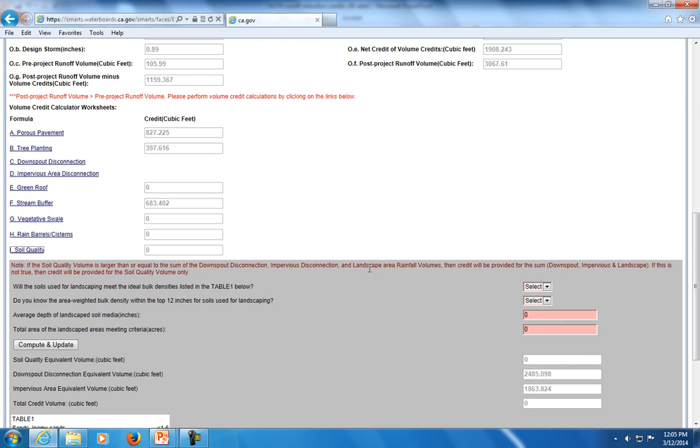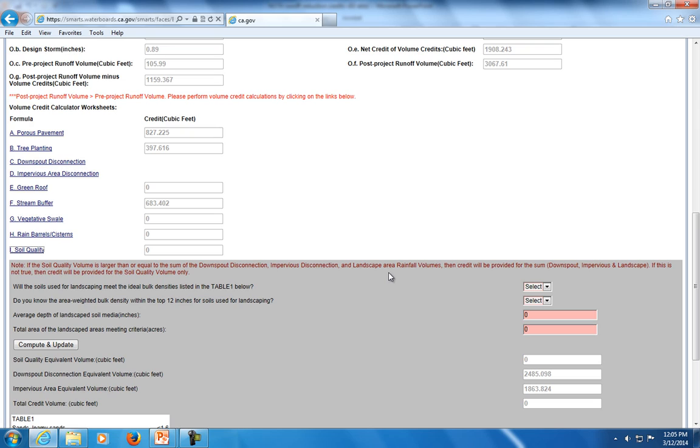And so the landscaped area, in other words, it's landscaped, it's not paved over. The landscape area rainfall volume is that design storm depth of 0.89 inches that we got from the Beaumont gauge. That's the 85th percentile 24-hour duration rainfall event. It's that rainfall depth applied to that 4.5 acres of landscape area.